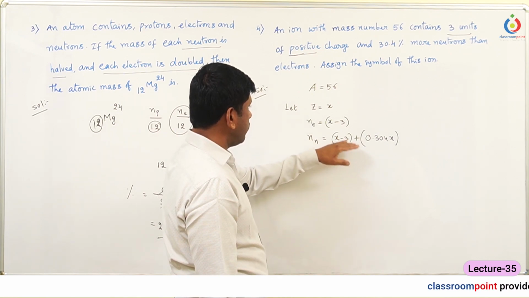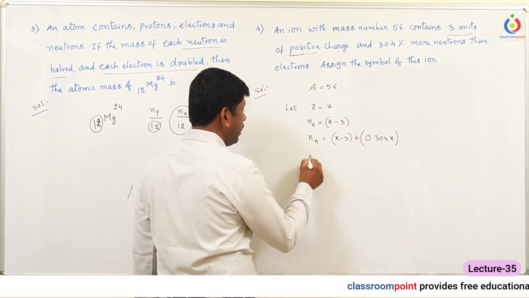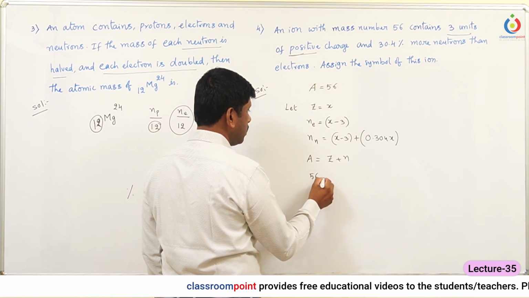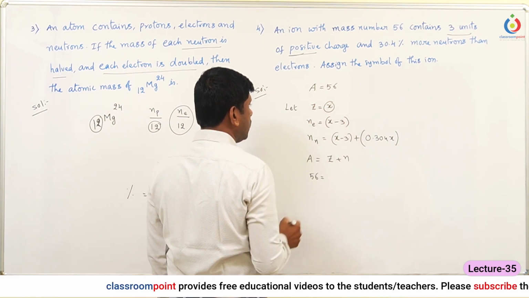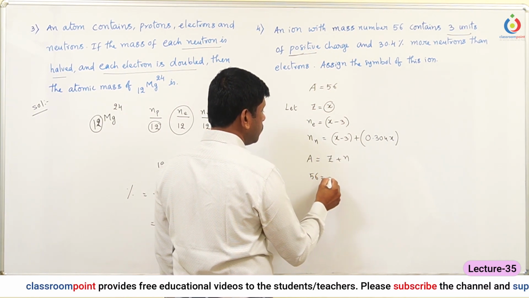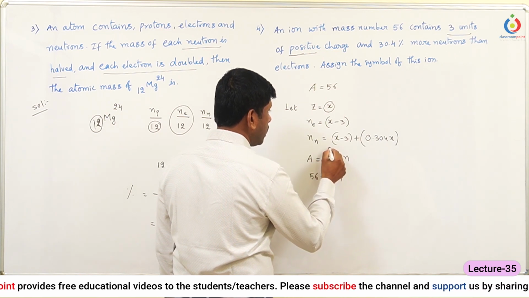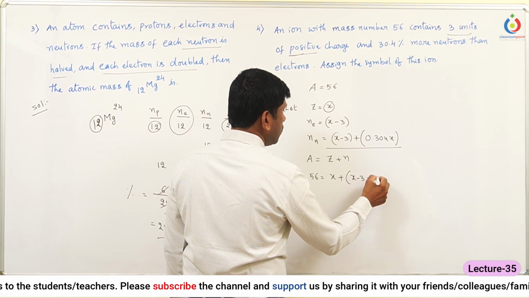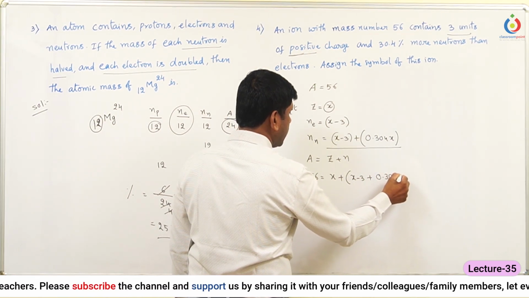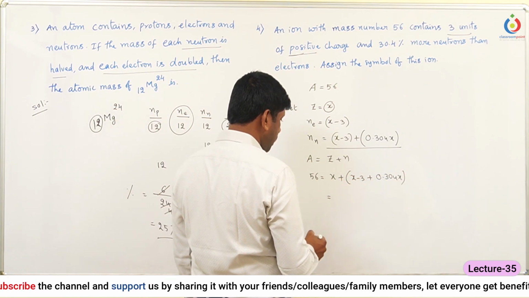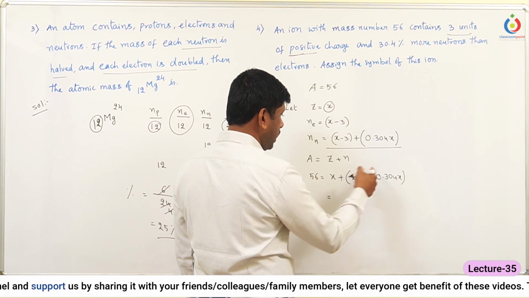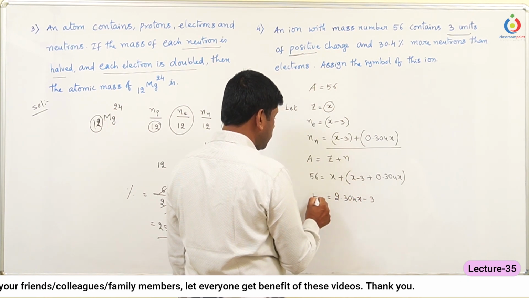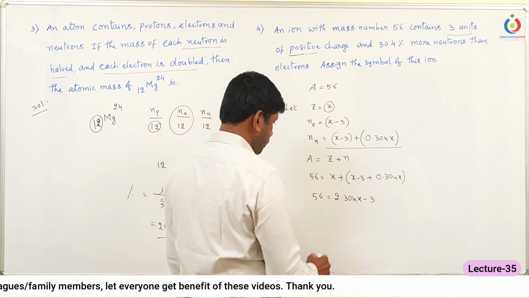So let us substitute these values in the formula. A equals Z plus N. The A value is 56. The Z value is X. Plus the number of neutrons, that is X minus 3 plus 0.304 X. Now if you sum all these values, X plus X is 2, so 2.304 X minus 3 equals 56.